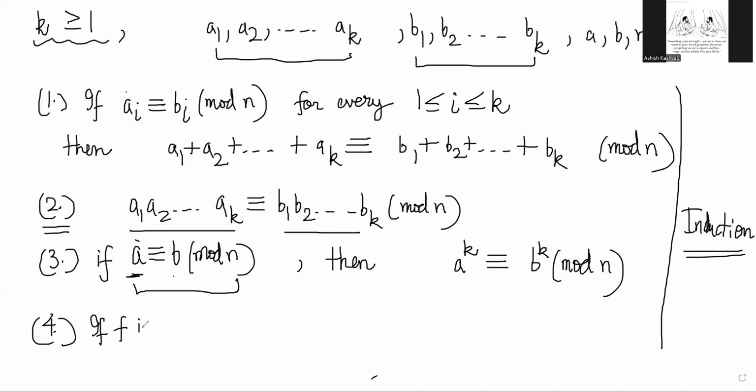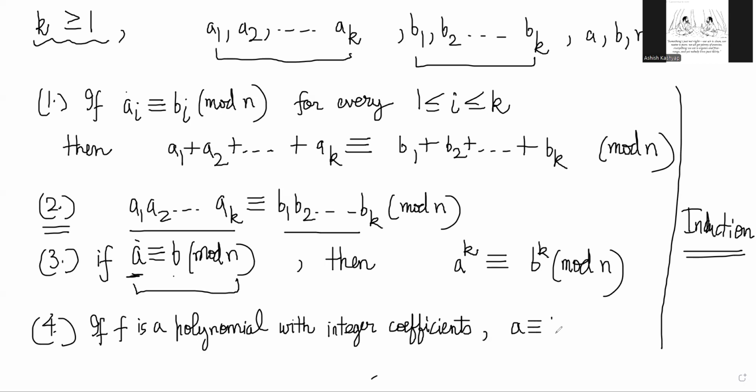If f is a polynomial with integer coefficients, and A is congruent to B mod n, then f of A will be congruent to f of B mod n.